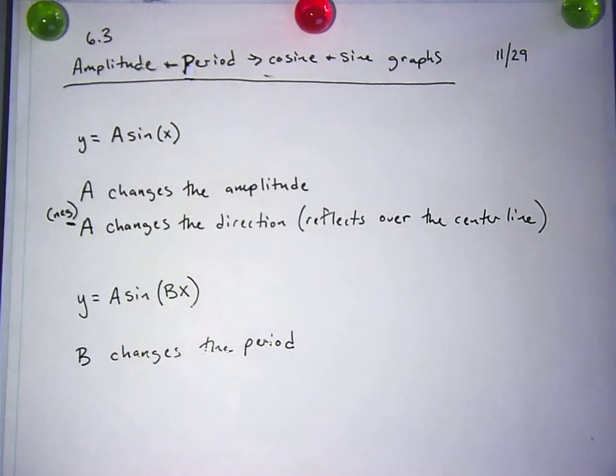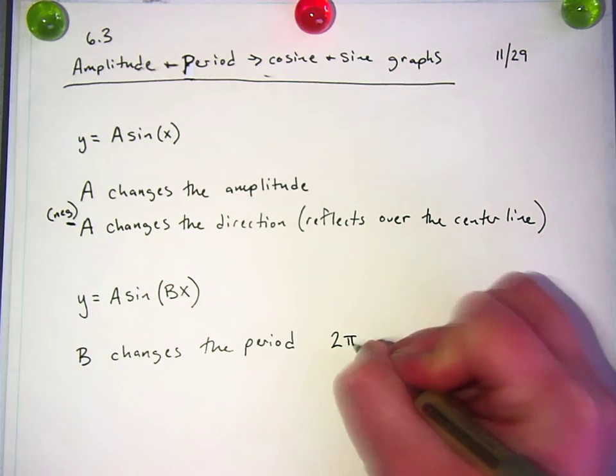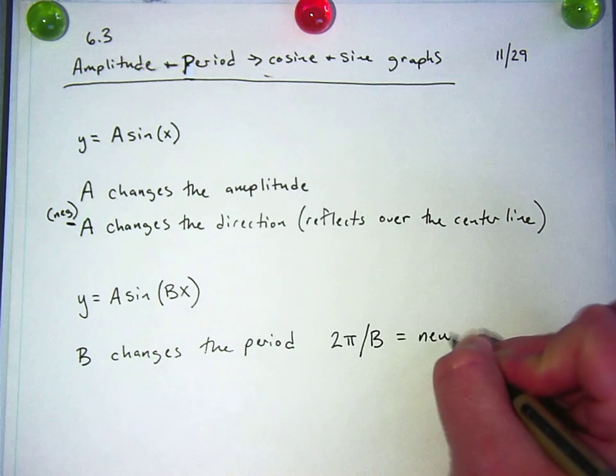But you guys aren't being specific enough. Would it be like 1 over b? That is very close, because you're thinking you divide by b, right? But you divide what by b? Pi. No, 2 pi, because the original period was 2 pi. You guys with me? So the original period was 2 pi, and then you divide it by b, and that's the new period.